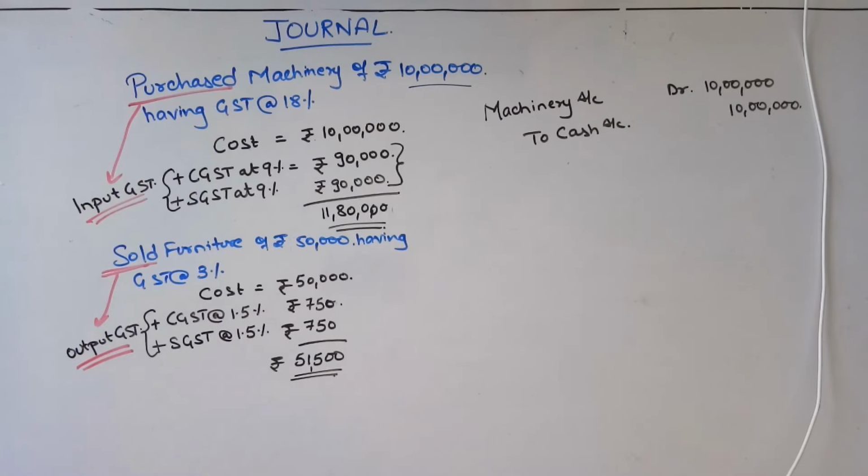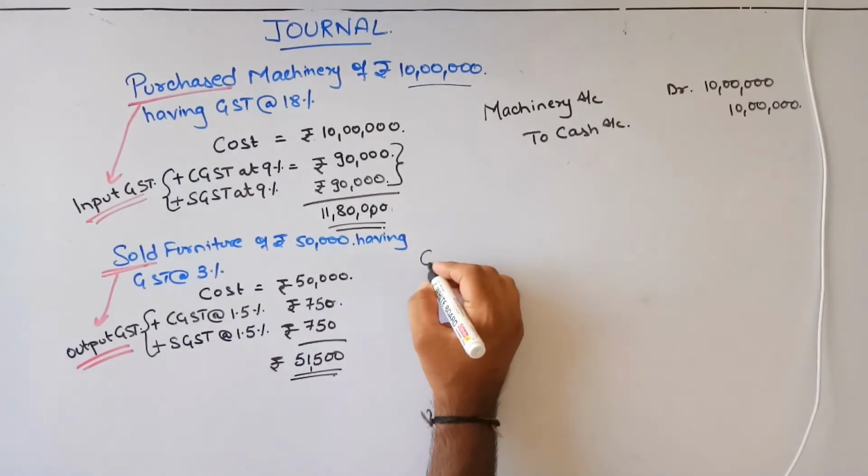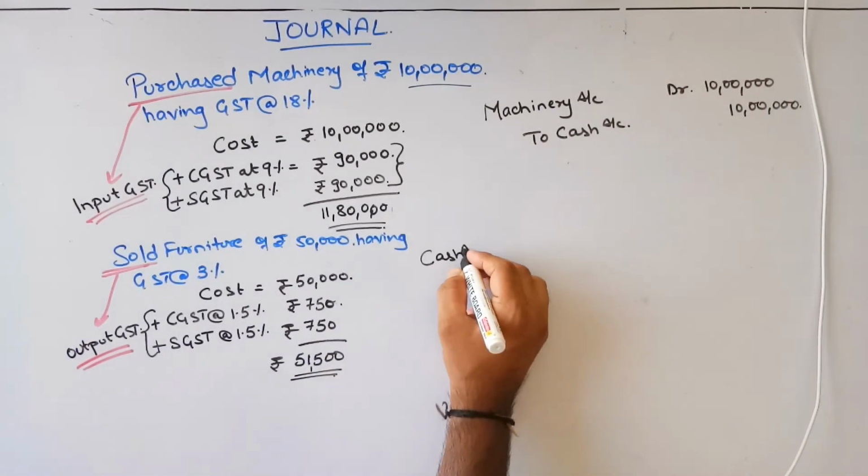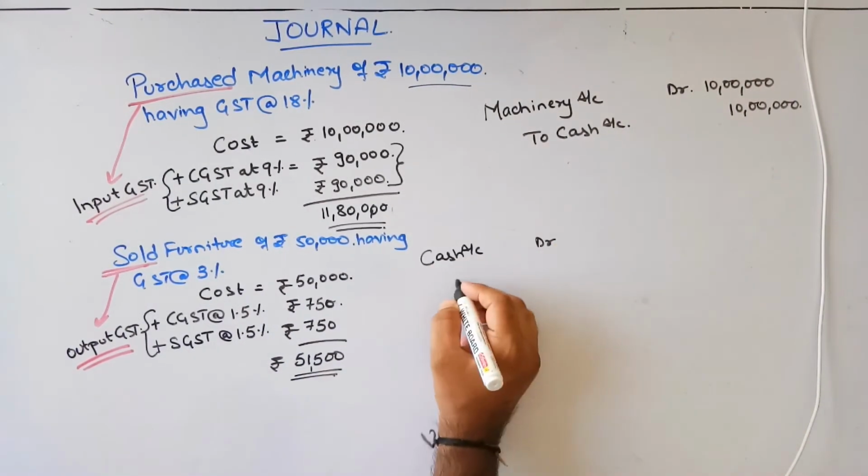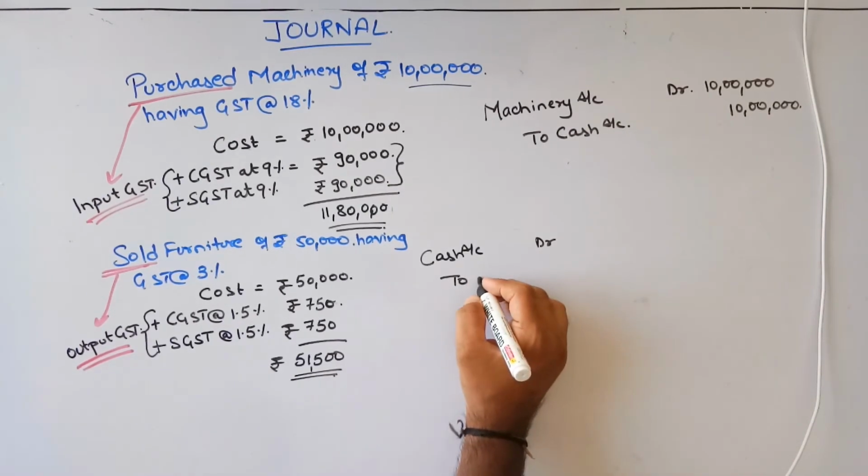Cash. We have sold the furniture for cash. Both are real accounts. Debit what comes in, credit what goes out. What is coming in? Cash. So cash account debit to furniture account. Very good.